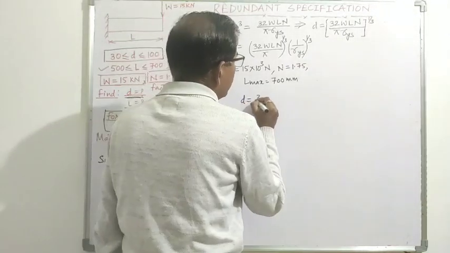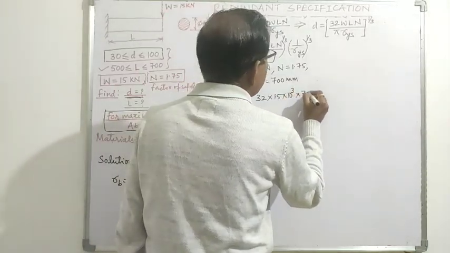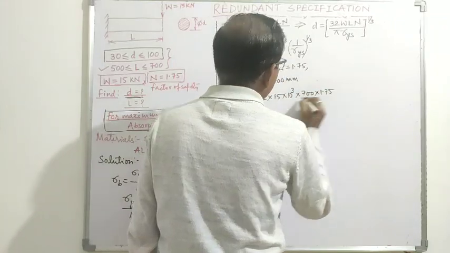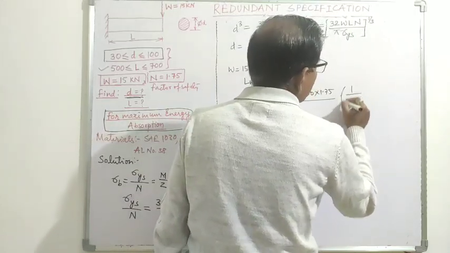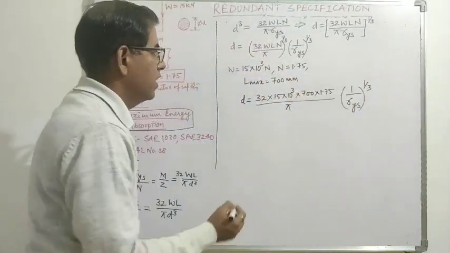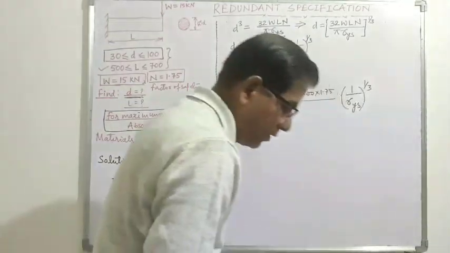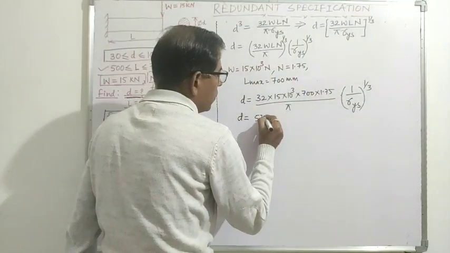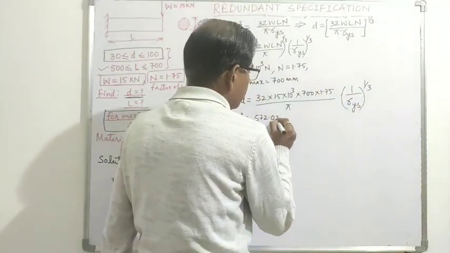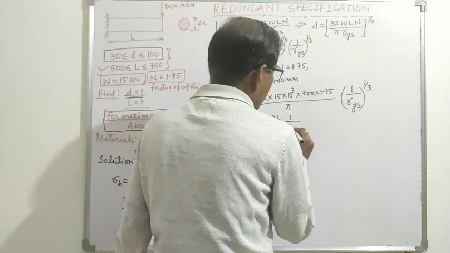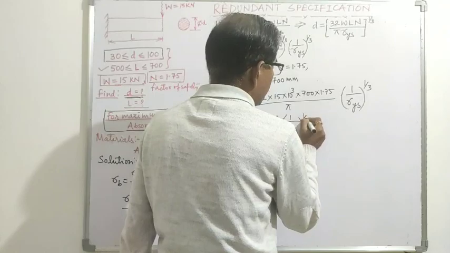So D is equal to (32 × 15 × 10^3 × 700 × 1.75 / π) × (1/σ_ys)^(1/3), and this D comes out to be 572.02 × (1/σ_ys)^(1/3).